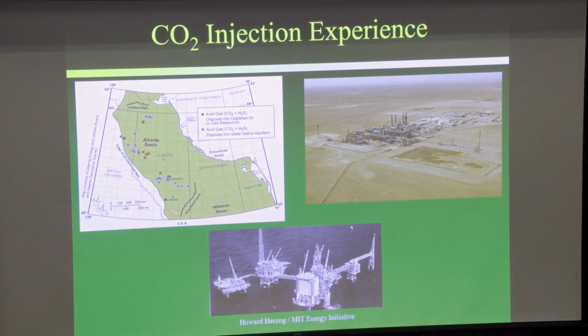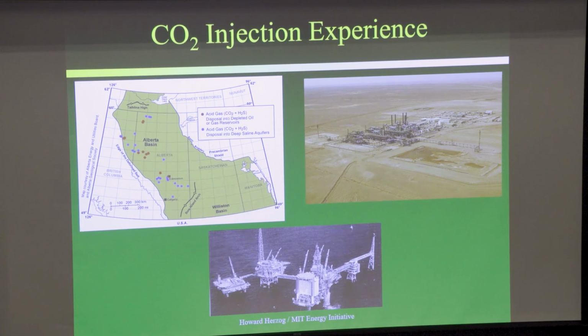A lot of this has been done in Alberta, Canada. Once again, you have a lot of oil and gas coming out of the ground, and you have acid gases coming with it. The acid gases are mainly hydrogen sulfide, and there'll be CO2 coming with it. Of course, they want to capture it, so they capture it in the production, and then they inject those acid gases back in the ground.